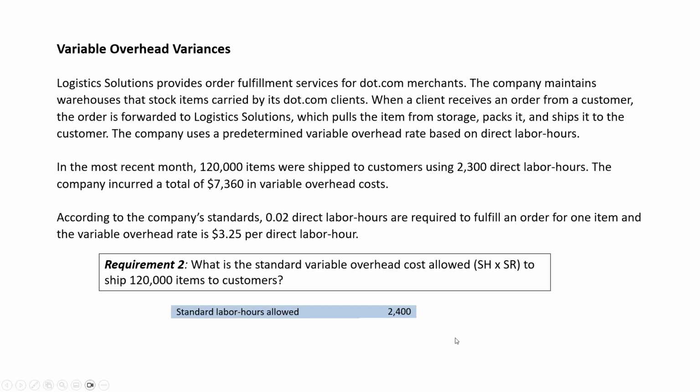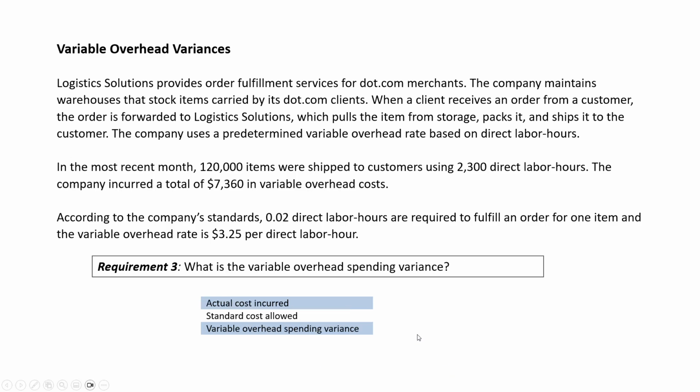Now take those 2,400 hours, multiply it times the standard variable overhead rate of $3.25. So our total standard variable overhead cost, or flexible budget, was $7,800.